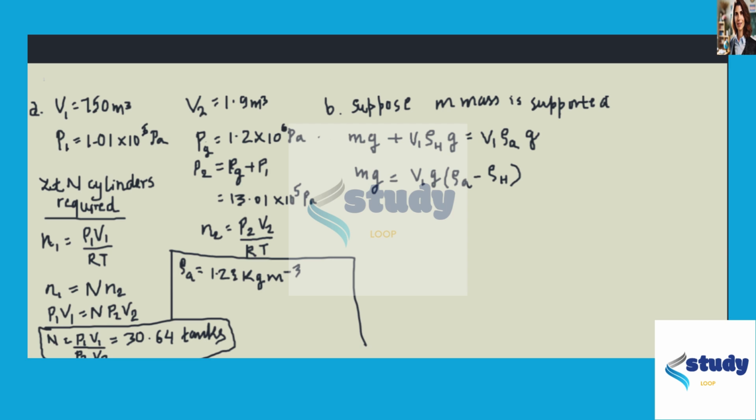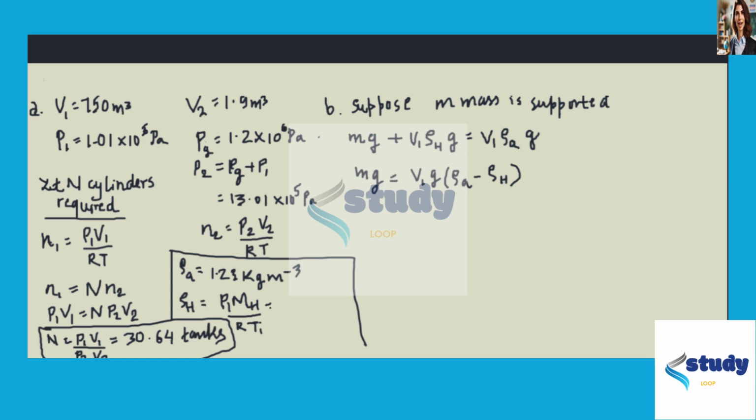We don't know rho h. So how to determine rho h? To determine rho h, we again use the ideal gas equation, which gives rho h equal to P1 times the mass of hydrogen upon RT.